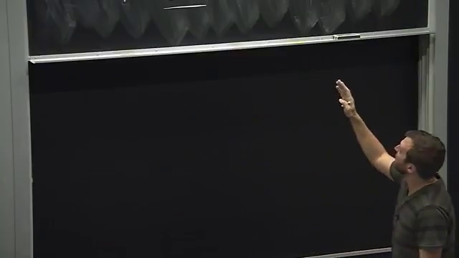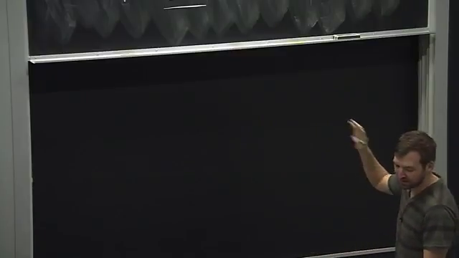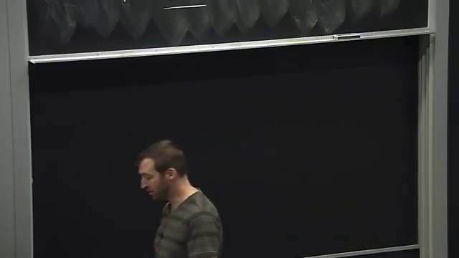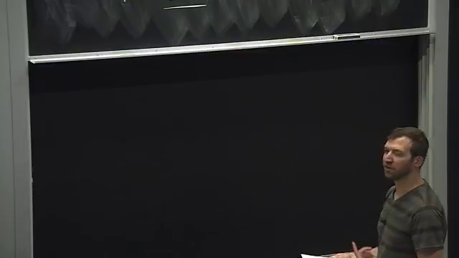we have a Q space expression, and what I'm going to do is Fourier transform it back into real space. But I'm not going to use the lattice Fourier transform. I'm just going to take the continuum limit, because I'm in a long wavelength limit somehow.